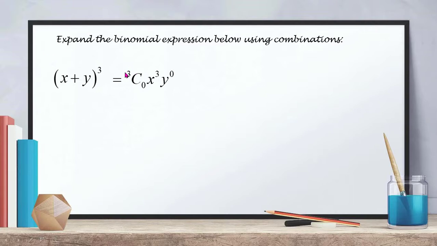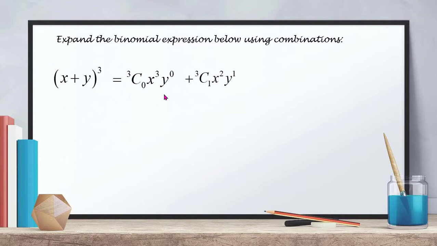Notice we are using 3, which is equivalent to the power, and we start counting from 0. Then we raise x to the highest power, which is 3, and y to the power 0. Why? Because 3 plus 0, which is equal to 3, should always equal that 3. It's a pattern that is being formed here.